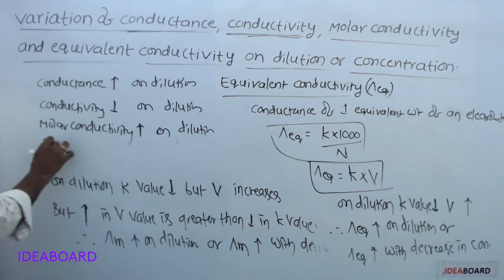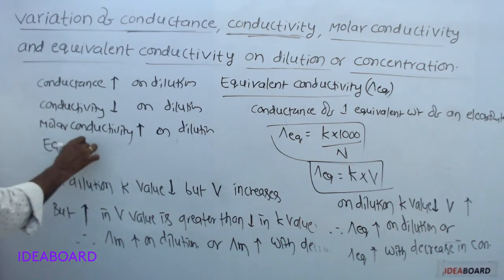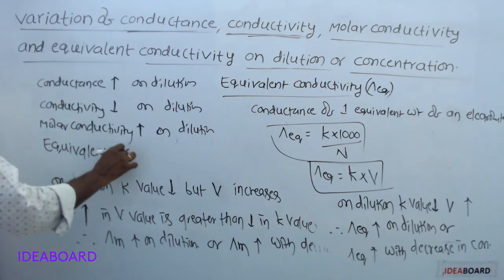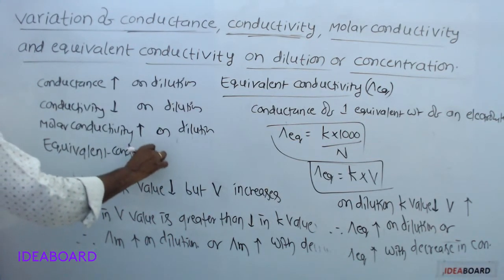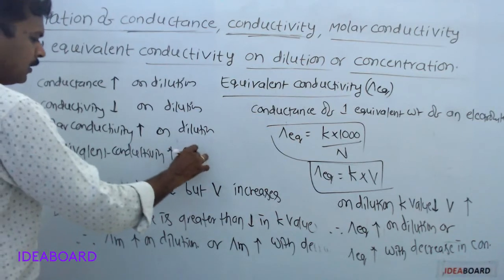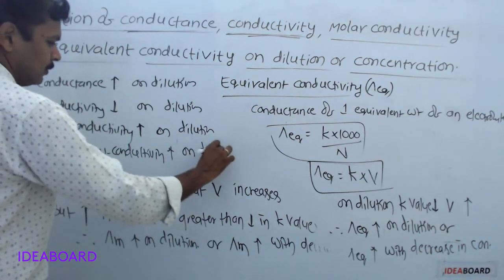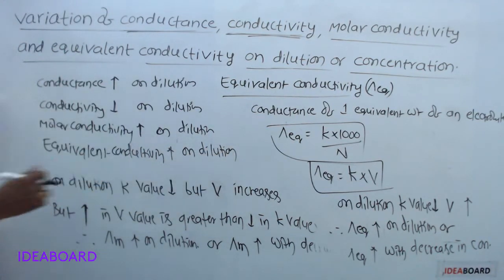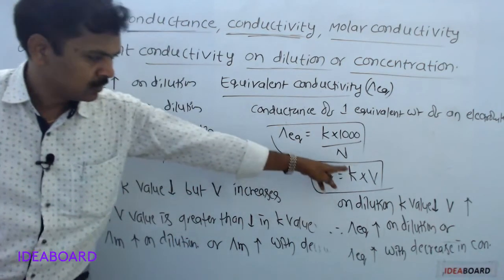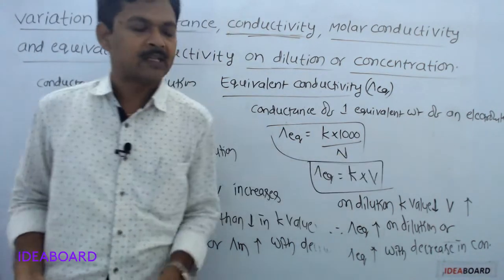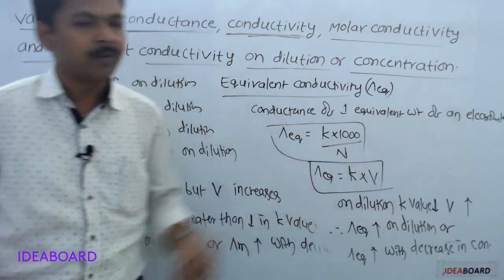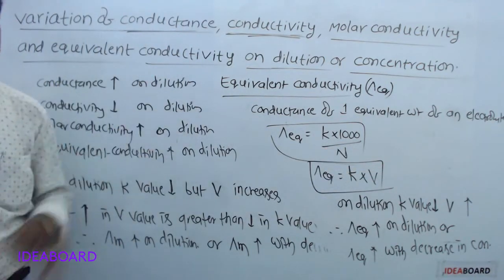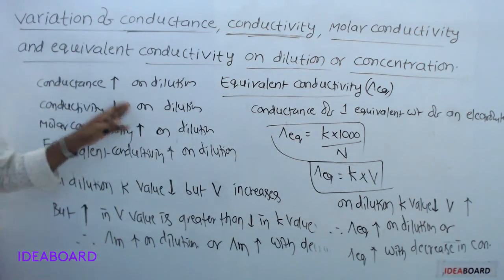Next, equivalent conductivity increases on dilution, because kappa value decreases but V value increases, and the increase in V is greater than the decrease in kappa value. Only conductivity decreases on dilution.